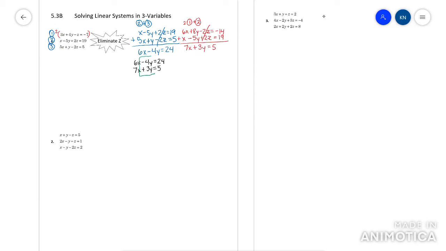So I'm looking right here and thinking if this said minus 12y and this said plus 12y, then they would eliminate, right? So I'm going to times the top equation by 3 and the bottom equation by 4. So it's going to look like this. See, now when I add them together, the y's will eliminate, which is what I wanted.